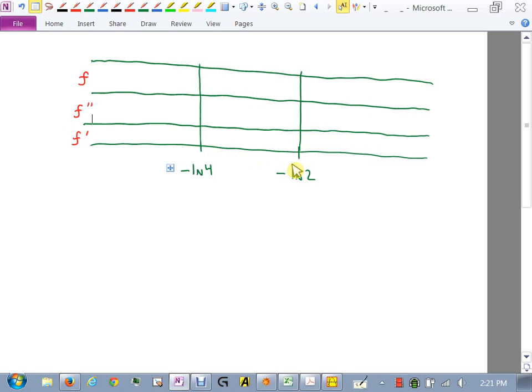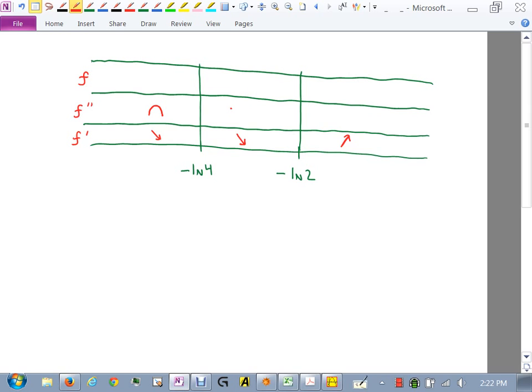Was it negative natural log 2? What is it doing to the left of negative natural log 2? It told us we were going what? Down? And then it went up? Okay. And then the second derivative told us that the original function was concave down and then up.